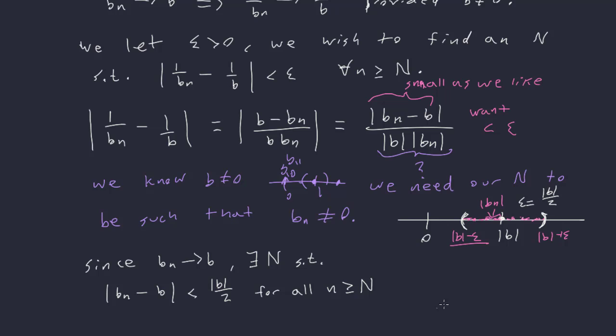So this implies that for all n greater than or equal to capital N, the absolute value of bn is greater than |b| minus epsilon, which is going to be |b| over 2, because if we subtract |b| over 2 from |b|, we get |b| over 2.